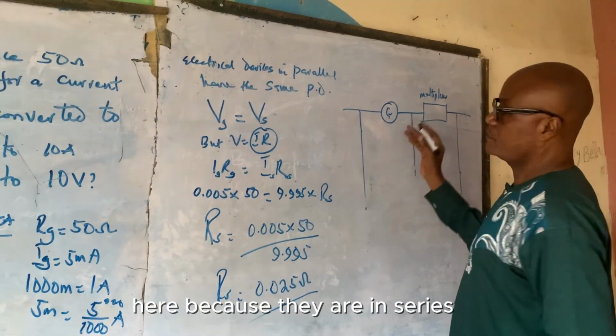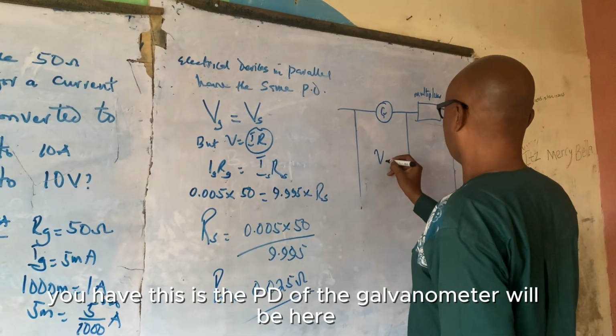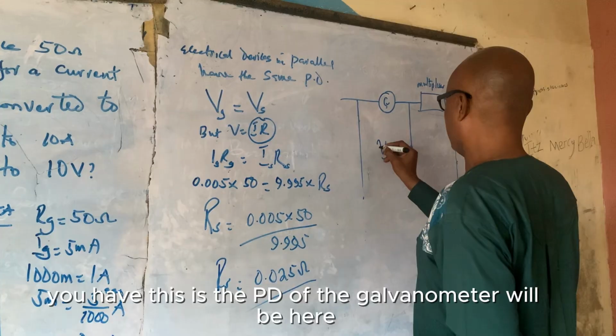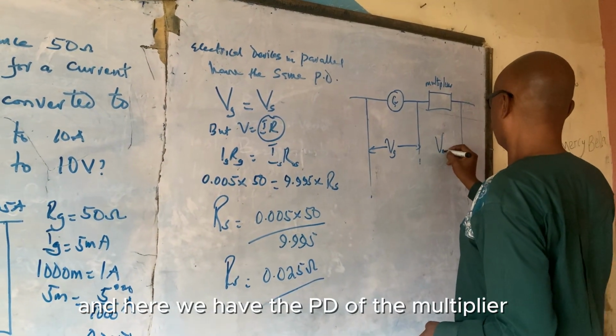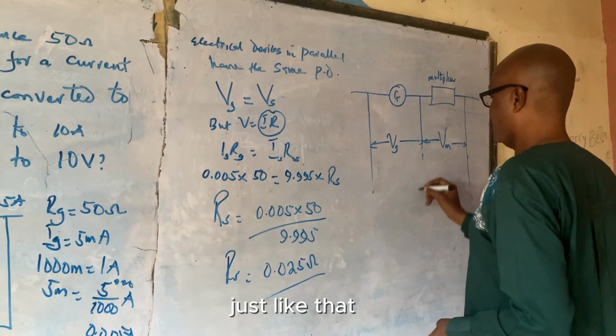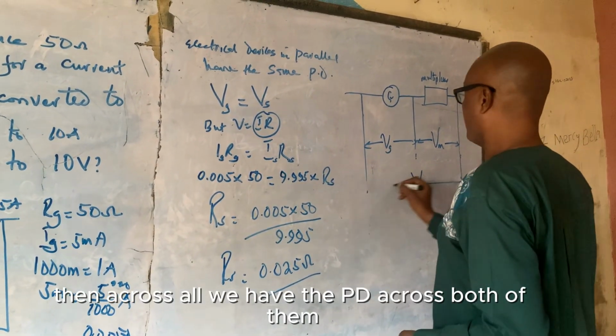Because they are in series, this is the PD of the galvanometer, and here we have the PD of the multiplier. Then across all, we have the PD across both of them.